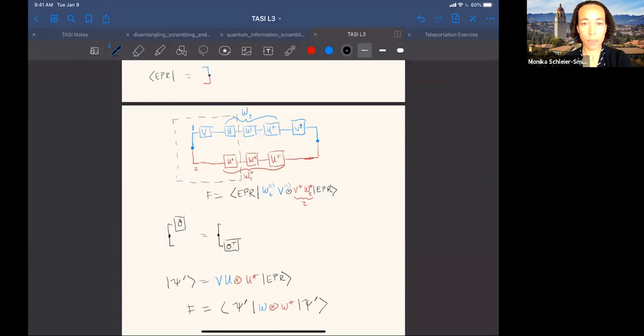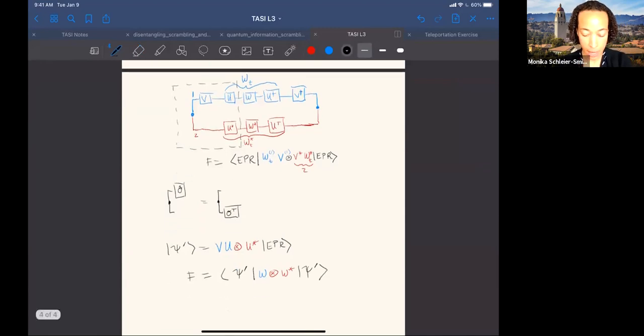Okay, so this starts to give some idea that if you can prepare two entangled copies of your system, then that gives an alternative way, where you're almost interfering the two copies with each other in order to measure this, as opposed to, let's say, using a control qubit to build your interferometer.